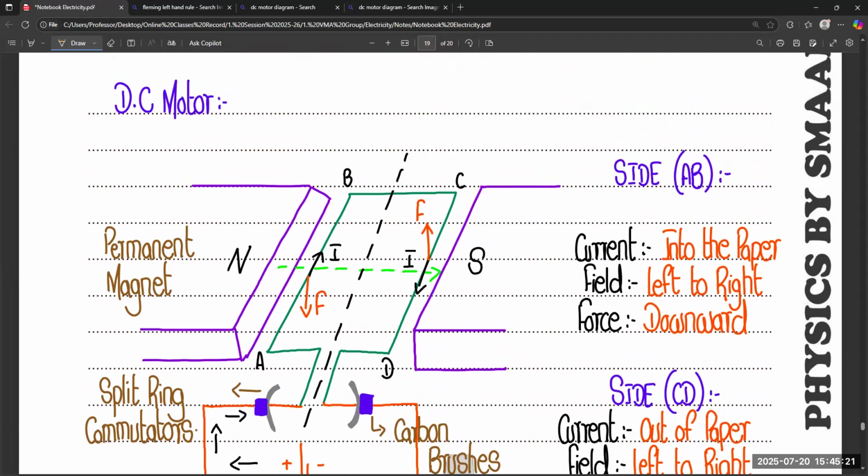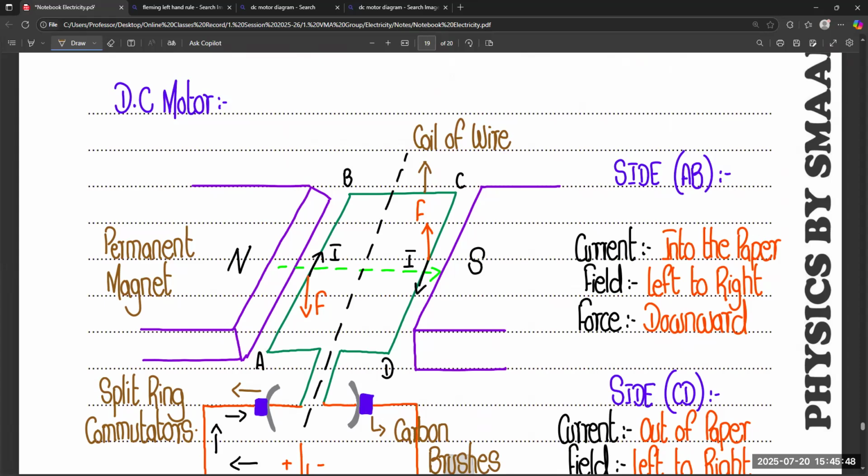And this green color is actually a coil of wire.